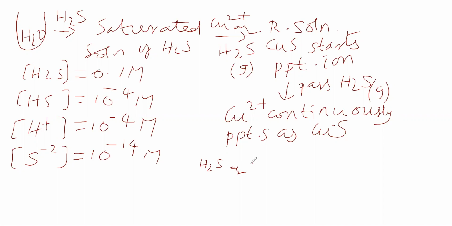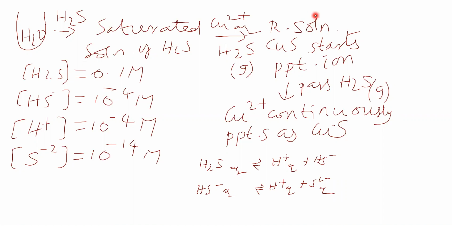H2S is dissolving and going to equilibrium with H+ aqueous and HS- aqueous. HS- aqueous converts into H+ aqueous and sulfide aqueous. Now see that here you have taken a saturated solution.